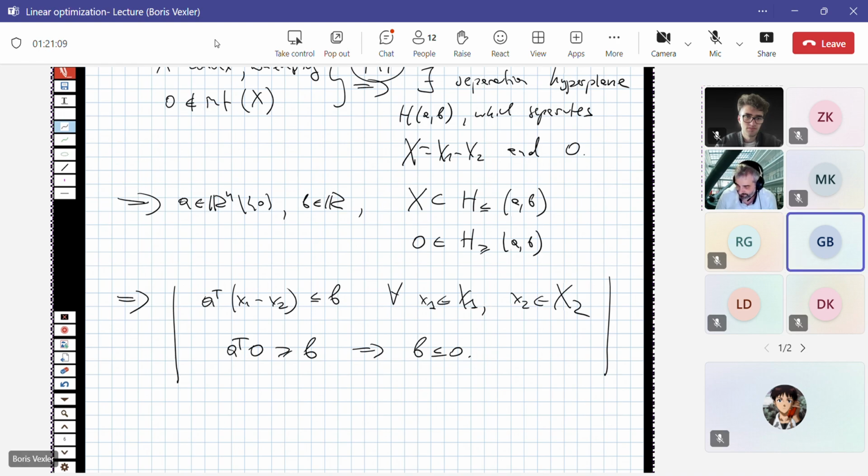When we proved separation between two sets with additional assumptions, we also used a similar construction, right? We proved separation between x1 minus x2 and 0. Exactly, it's the same logic of the proof, but now the difference is that there we used a theorem which requires closeness of X, and it was a certain difficulty to prove closeness of this difference.